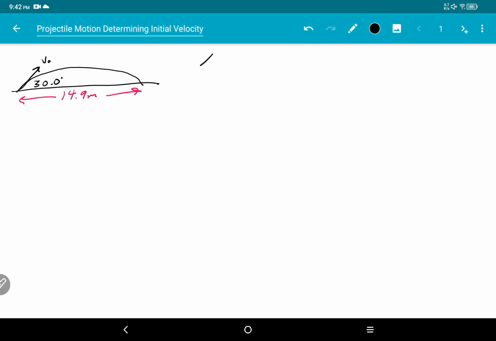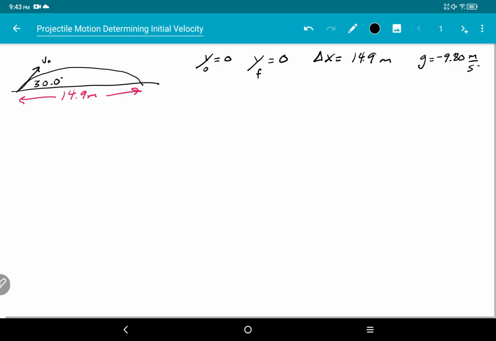First of all, we know the initial y is equal to 0 because it's starting at the surface. It is also going to land back on the surface, so that's 0. We know that delta x, the change in the x direction, is going to be 14.9 meters. And we have theta. And we also have g. G is negative 9.80 meters per second squared.